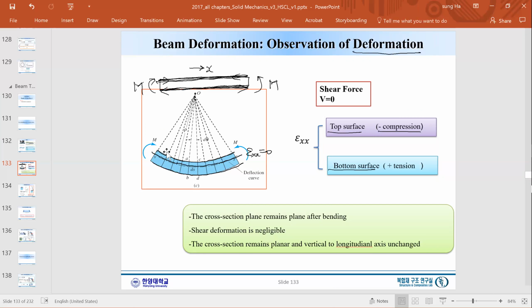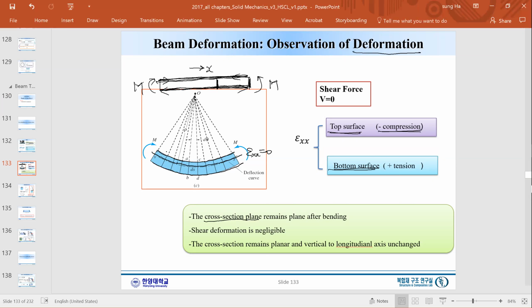So the point to remember is that the top surface will be under compression, and the bottom surface will be under tension. And very importantly, the cross sections. This was the cross section.